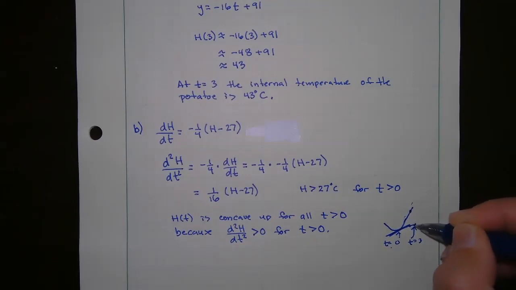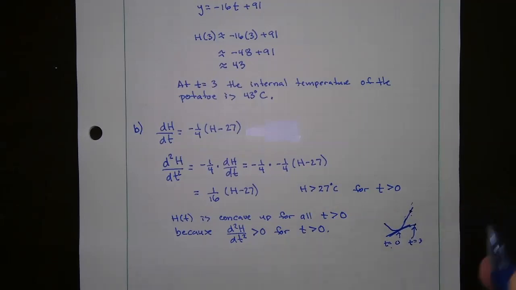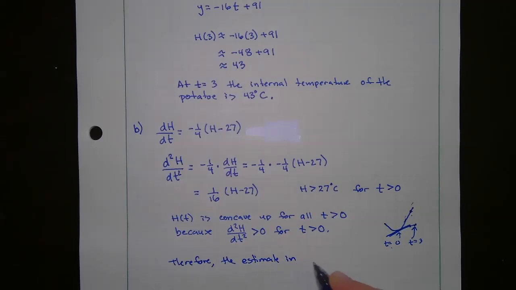Because it's concave up, I know the actual is more. That would mean our estimate in part A is an underestimate. We've seen this a few times now. Therefore, the estimate in part A is an underestimate.